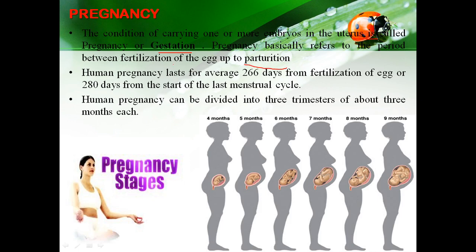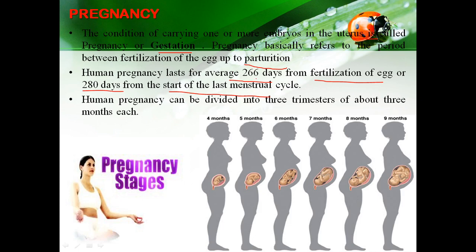The average period of pregnancy is 266 days from fertilization of the egg, or it may be considered as 280 days from the start of the last menstrual cycle. The last menstrual cycle is also indicated as the LMC, meaning 266 days plus 14 days.